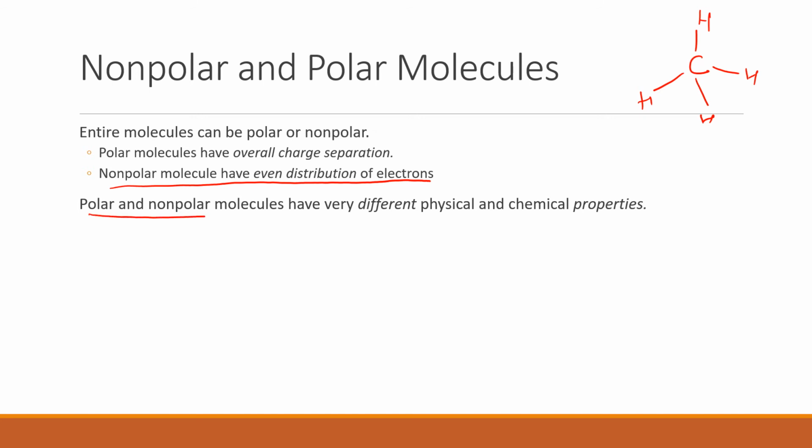Both polar and non-polar molecules have very different physical and chemical properties. Polarity differences among molecules are important in biology and biochemistry. For example, the polarity of a drug molecule determines whether or not it can cross the blood-brain barrier.